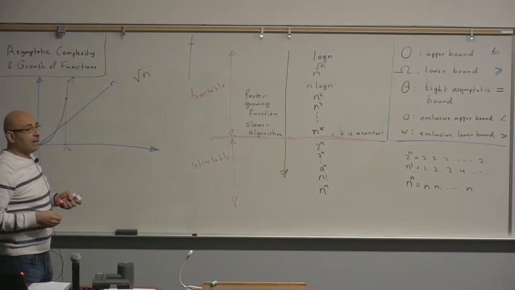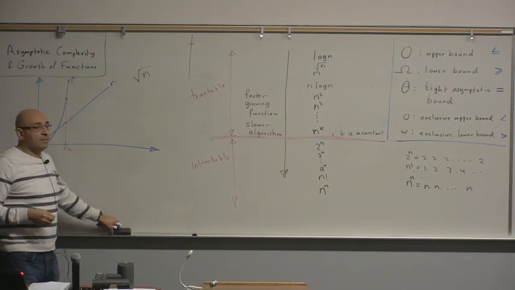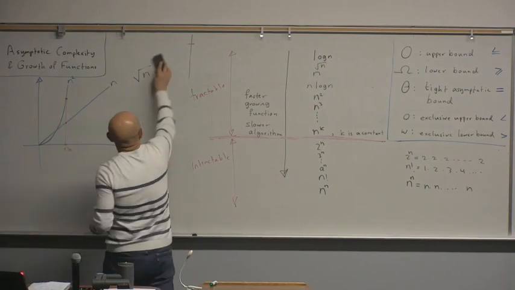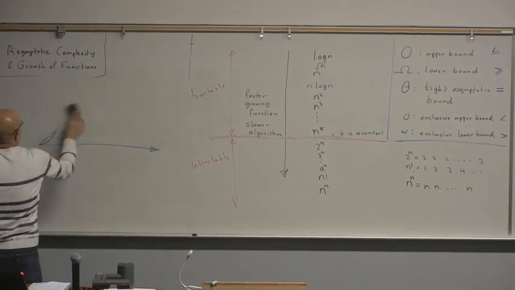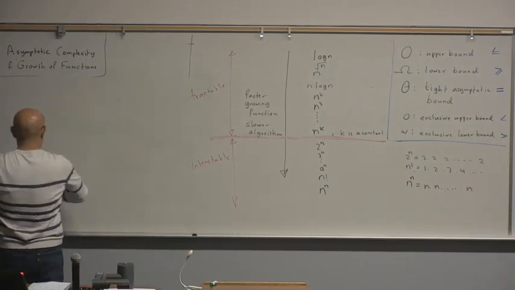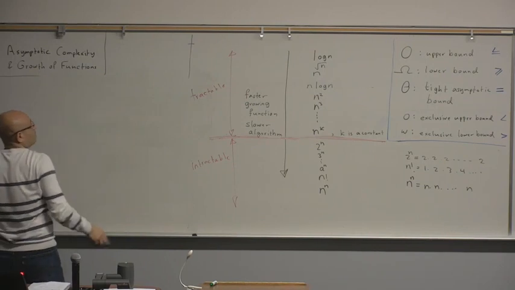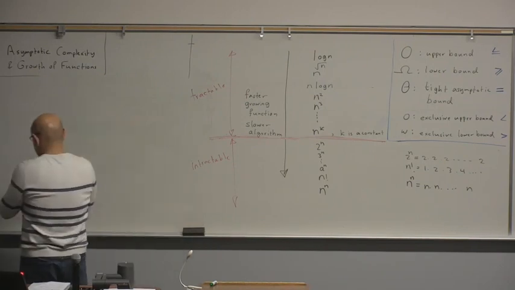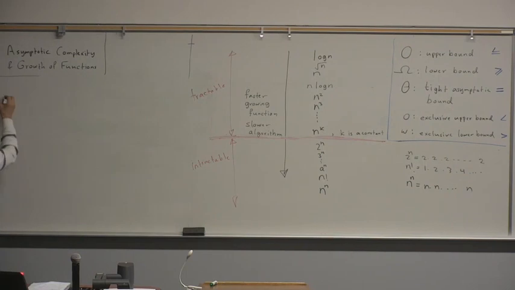In fact, we can calculate the limit. If you are in doubt, you can calculate the limit. And I'm not going to do square root of n. I'm going to do even smaller than that. So the limit of log n divided by n power 0.1.